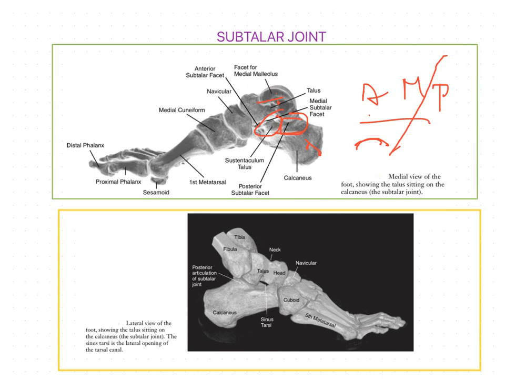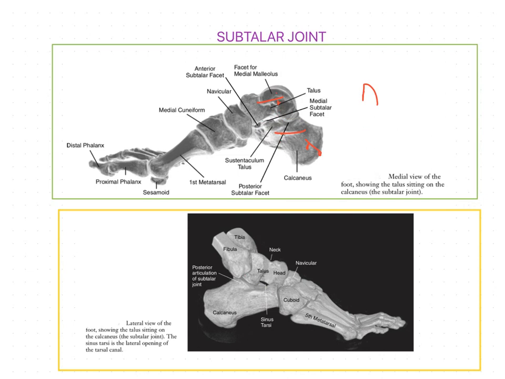The posterior articulation has its own joint capsule. So the subtalar joint does not have a single capsule.